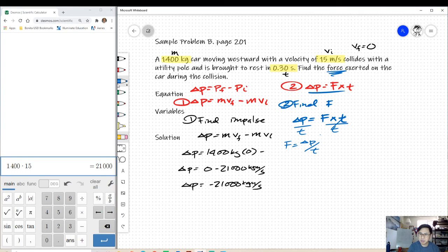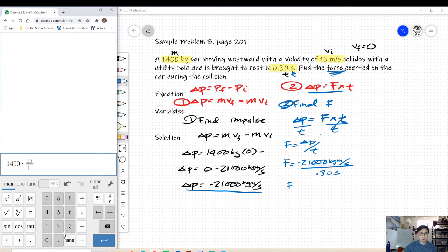So delta P, I know, it's right here, right? That's my impulse. And t, I know, it's right here. So I just got to plug in. My force is equal to negative 21,000 kilogram meters a second divided by 0.30 seconds. So I just need to divide this by 0.3.